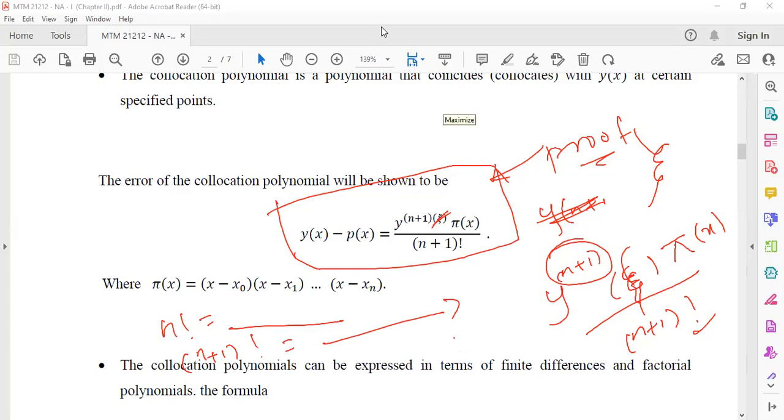One person answered. Where are the others? Shall we call the names? 73, can you answer me? What is n factorial?